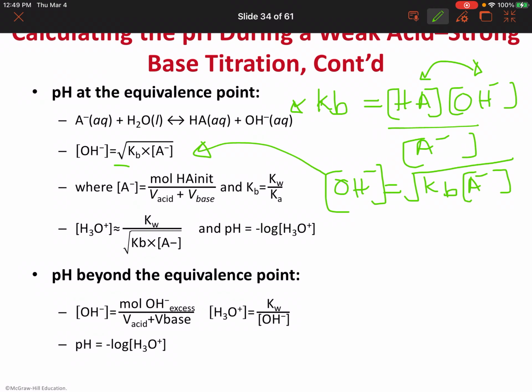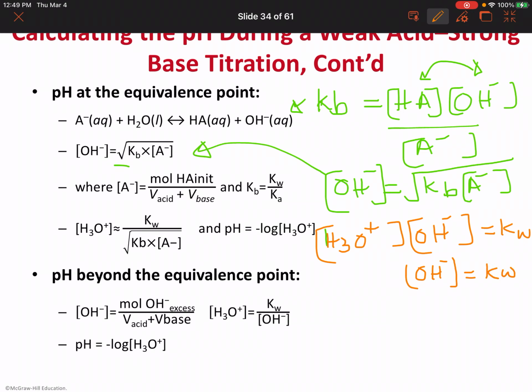Basically we know that hydronium ions, H3O plus, times hydroxide equals Kw, right? So the hydroxide ions equal Kw over H3O plus.